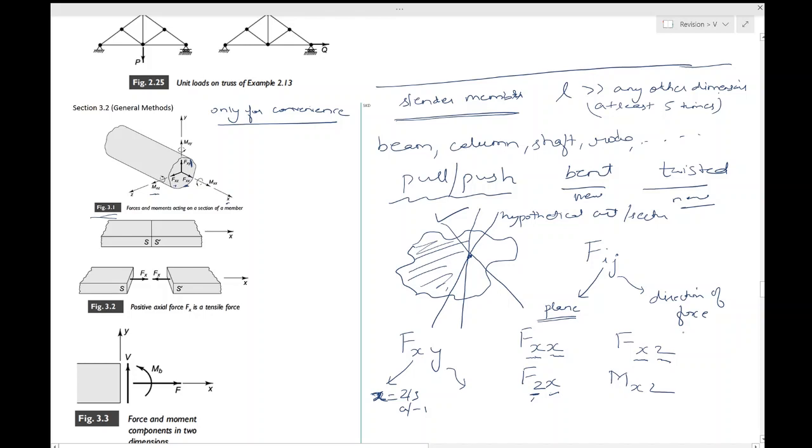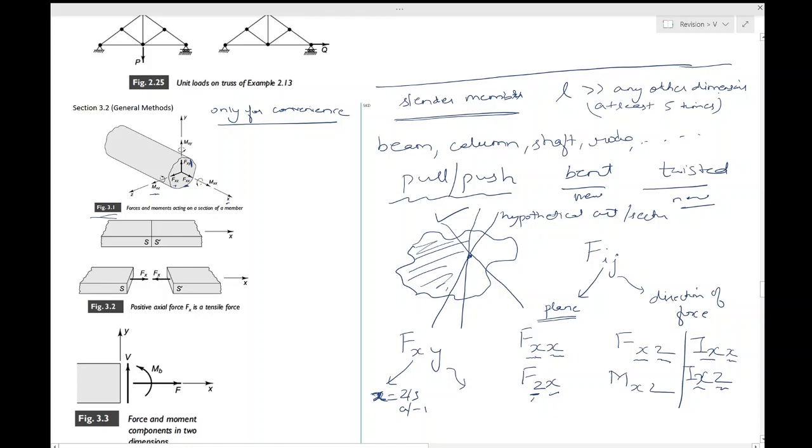Okay, and you have also learned about the inertia terms perhaps in your earlier course in mechanics. This was also meaning the same thing. On the x plane in the x direction, on the x plane in the z direction.